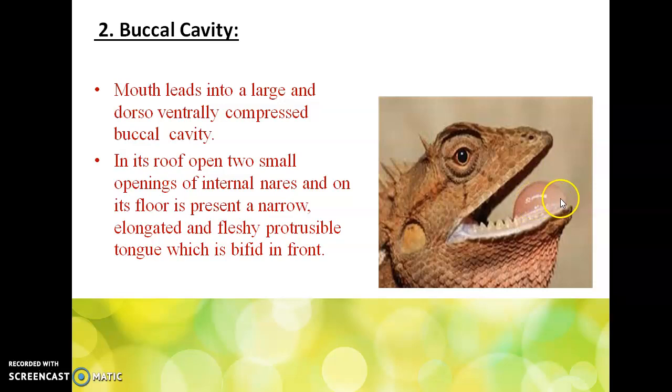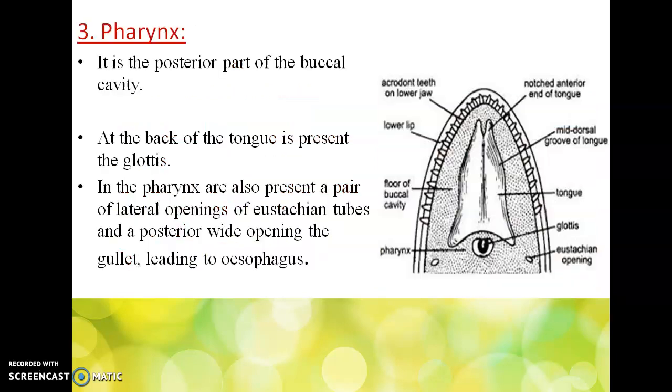This protrusible tongue is bifid in nature, meaning it is split at the very front end, or tip, of the tongue. Calotes is very much adapted for sticking the prey to its tongue, so the arrangement of the tongue is protrusible.